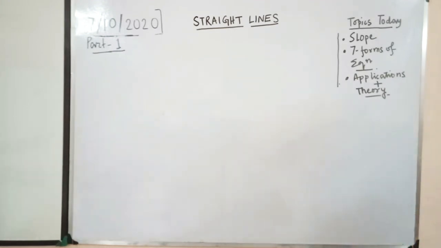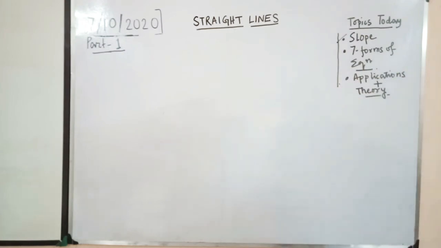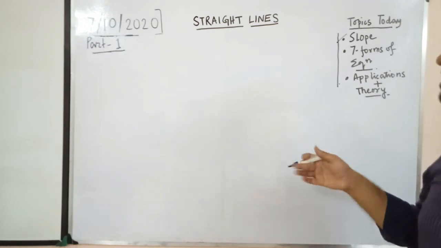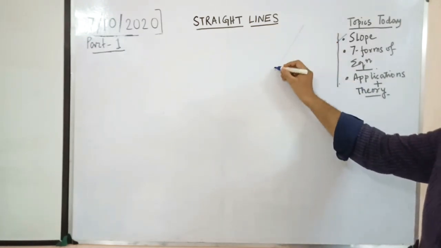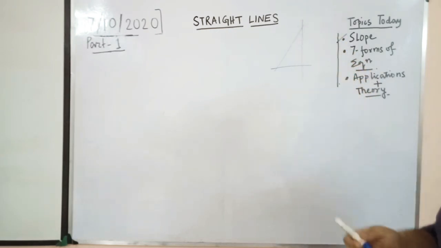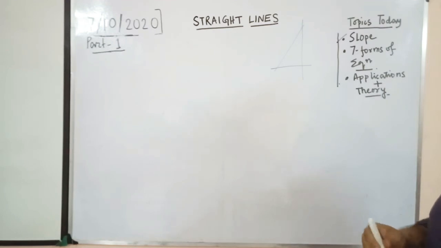Now, first we will discuss slope. Slope is the most important property of a straight line. You know, the slope of any inclined plane, the slope of a ladder, anything in practical senses. Like if you place a ladder against a wall, it will create a slope.